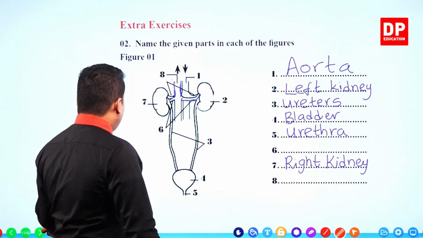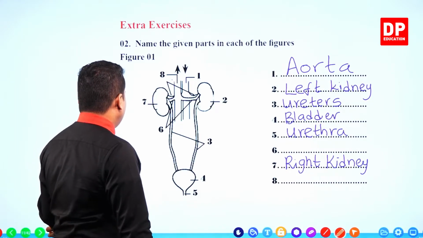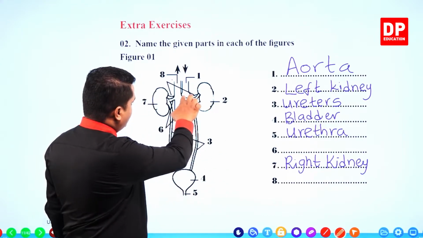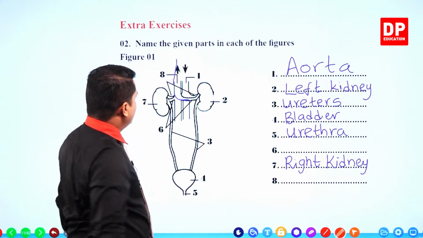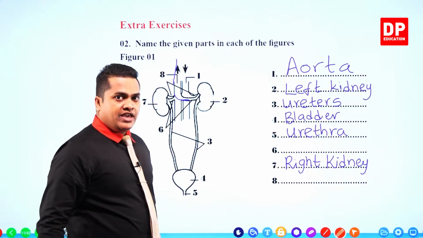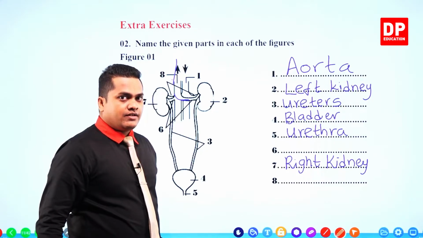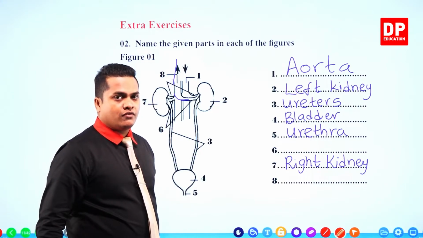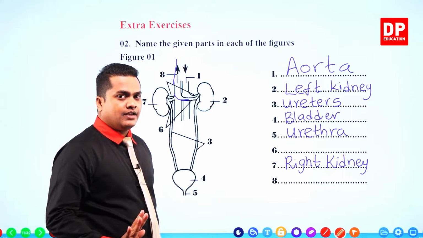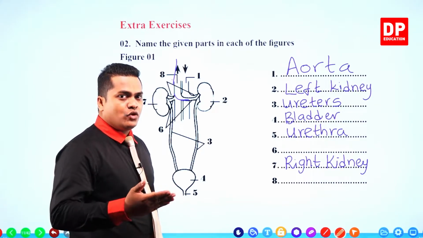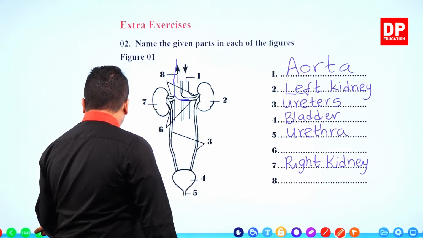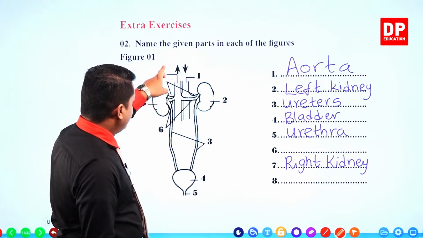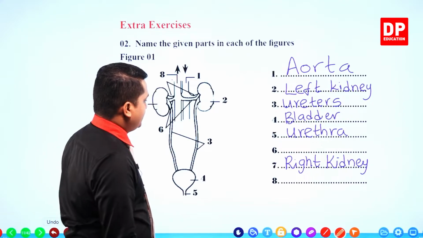I'm going to undo these two so that you can see it very clearly. See, number 6 is pointing to these two. Blood is going out, so it should be veins. Veins are the ones which carry blood out from an organ. Towards the organ by arteries, away from the organ by veins. So this special vein is referred to as the renal vein.